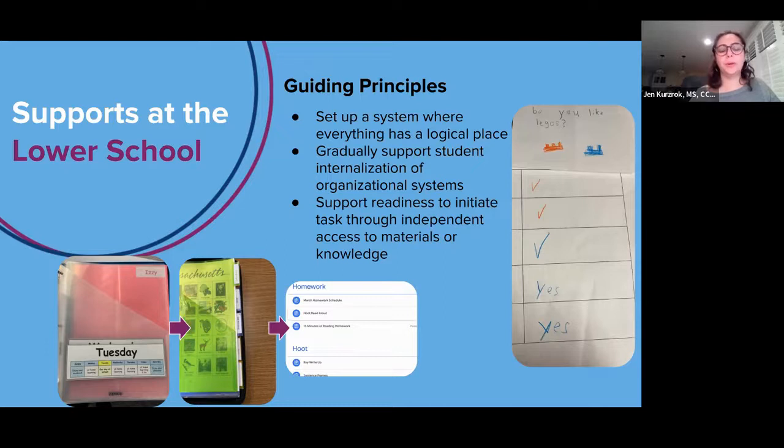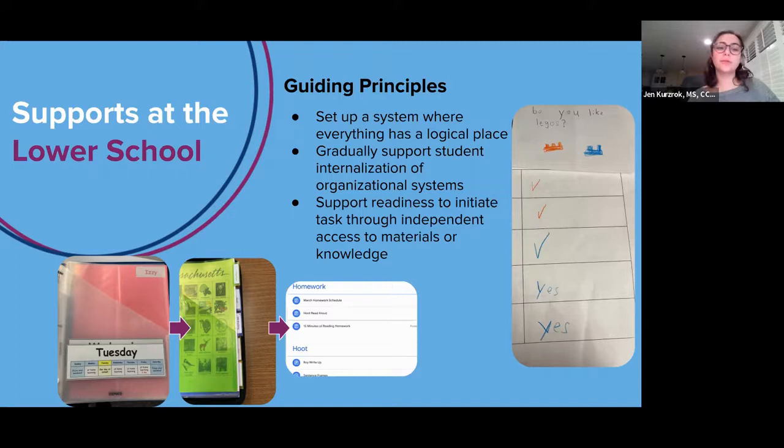For example, in our BR2s, we often organize things by day of the week. If they take home a homework binder, it will look like what goes home for Monday, what goes home for Tuesday, regardless of subject area, because days of the week is a concept and a sequence that those students understand.